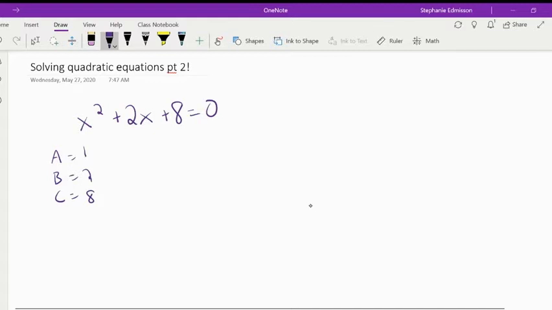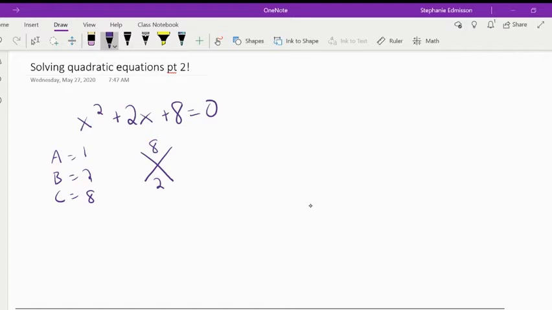Okay, now if you wanted to solve this by factoring, we can always check to see if that's an option. So remember, if we solve by factoring, we do the diamond method. The top is A times C, that's 1 times 8, which is 8. And down here would be 2. Okay, so if I take a look at this, I can't get anything that would give me 8 if they're multiplied together and 2 if they're added together.